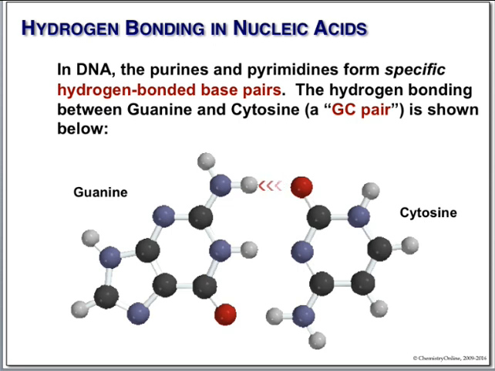Here's an NH and a nitrogen, and an NH and another carbonyl. The bases line up and hydrogen bond specifically. And that's how one strand of DNA knows what base has to be next to it, and that preserves the genetic code.